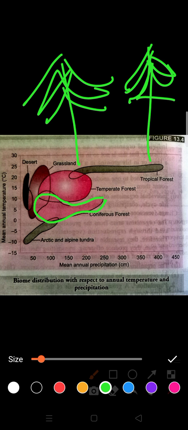You can see this shape here. Temperature is a little bit higher but not that high, and rainfall is also there. Rainfall is more, beta. It's not so much, but sufficient rainfall is there, and temperature is low. So in this area, which type of forest is present? Coniferous forest.